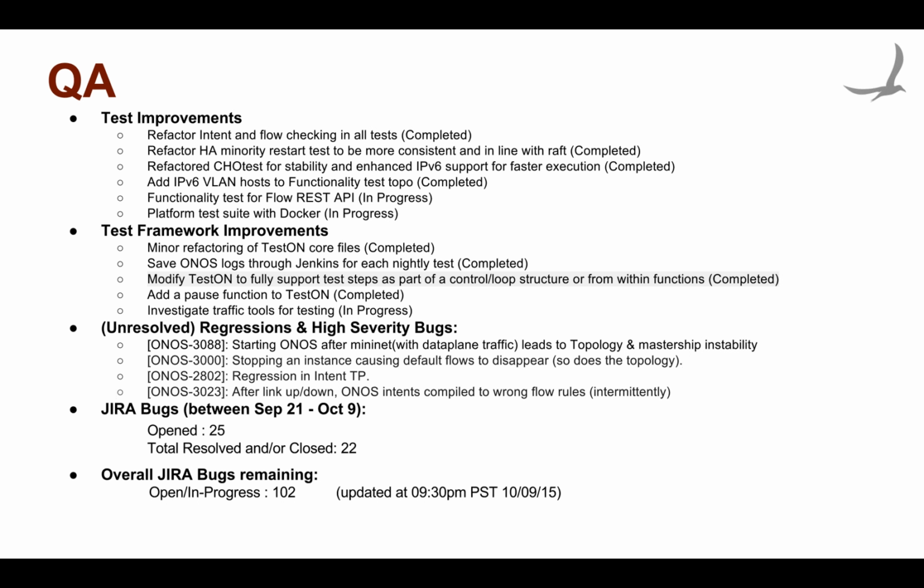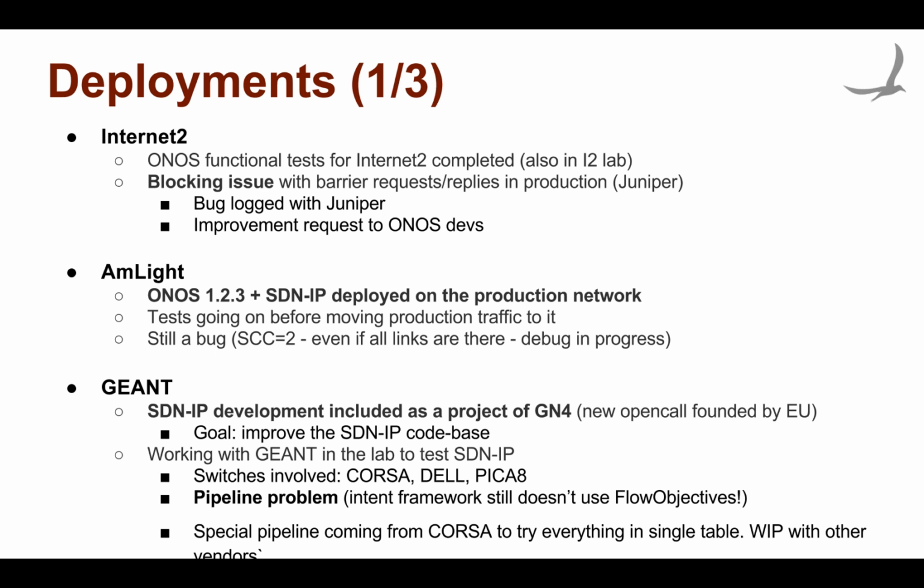As part of that, I refactored one of the AJ tests to be more in line with the Raft implementation, because it was originally written before we had Raft, and it was kind of modified to work with Raft, but not fully. We added some IPv6 VLAN hosts to our functionality topology, which were missing. And we started work on a Flow REST API test, and that is in progress.